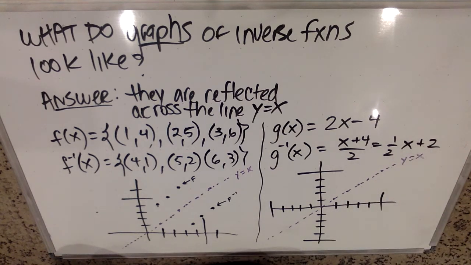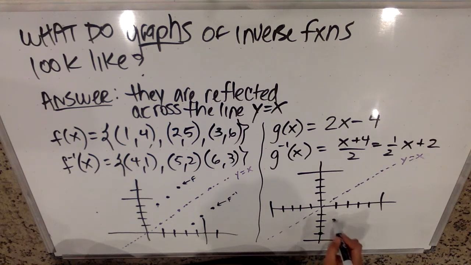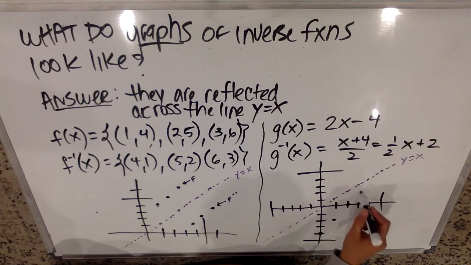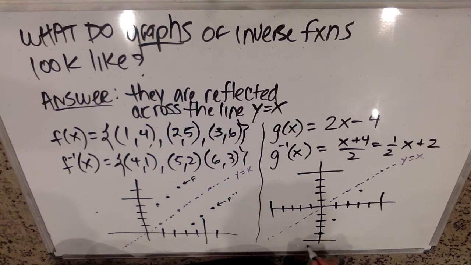All right, so now let's look at what these do. So I'm going to start with this -4 and then a slope of 2, which is going to be up 2, right 1, up 2, right 1, okay? So this graph is going to look something like this, okay? So this is my g graph, right?